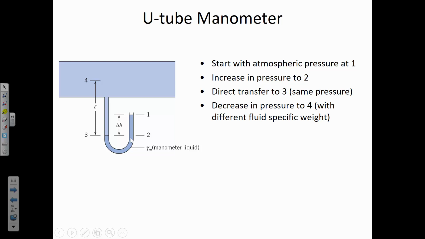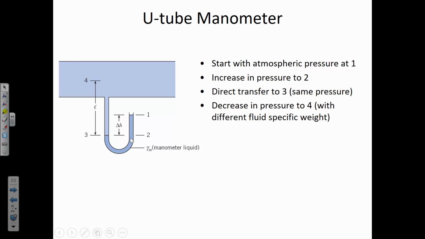Should we add or should we subtract? Subtract. Why subtract? Because the lower you go, the more pressure increases. All right, yeah. So as we go up from 3 to 4, the pressure is decreasing. All right, so good. P3 minus L, which is the relative distance that we're going, times gamma.